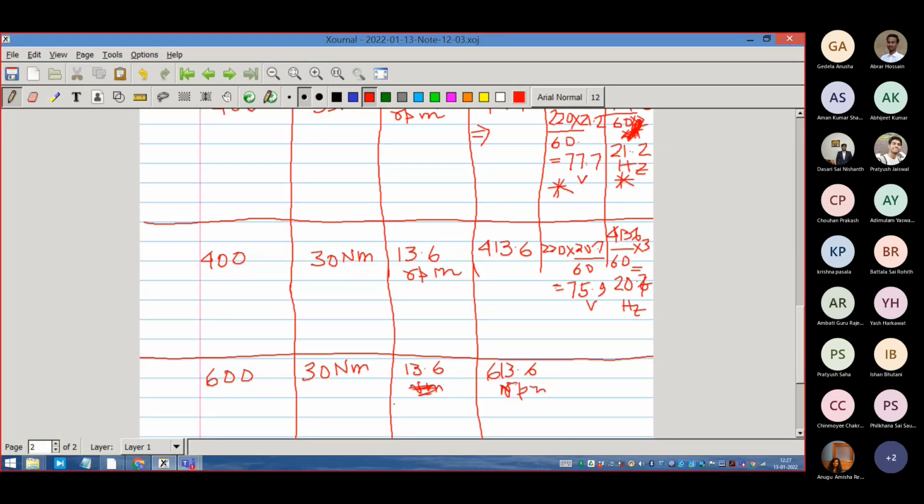This is not Newton meter, RPM. Okay, and you can now calculate the frequency and voltage as well, because you are always having the V by F ratio constant. So you know, 616 RPM will correspond to what?